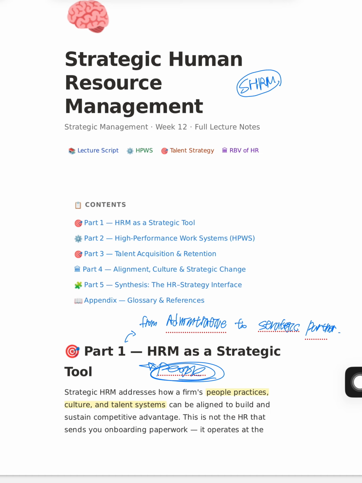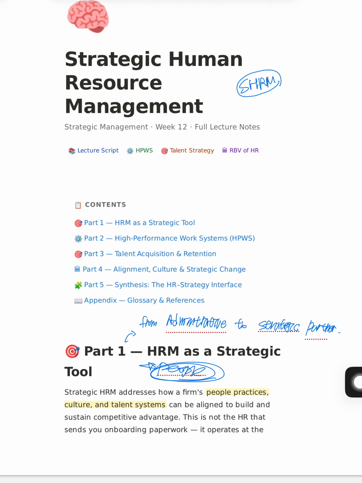This is not the HR that sends you onboarding paperwork. And this is not the HR that processes payroll and administers benefits. The strategic HR we are examining today operates at the intersection of organizational capability and long-term competitive positioning.